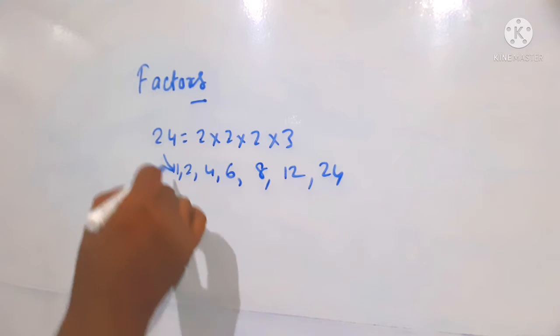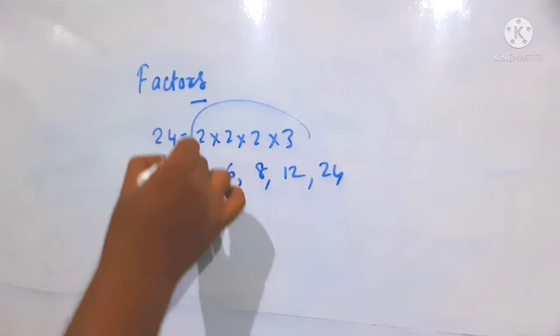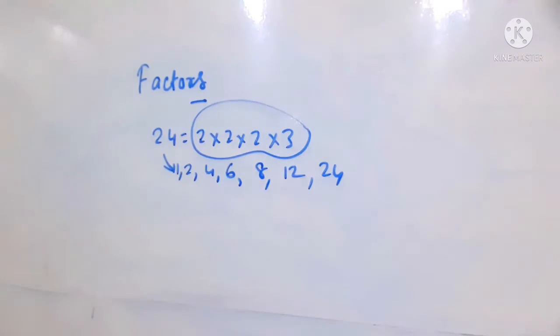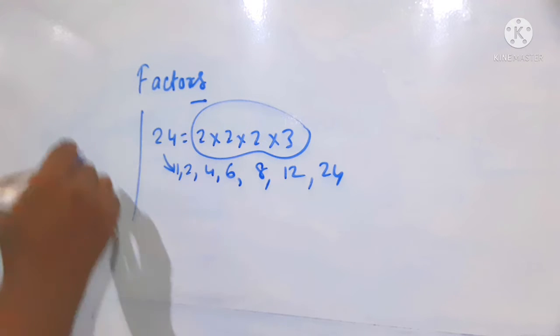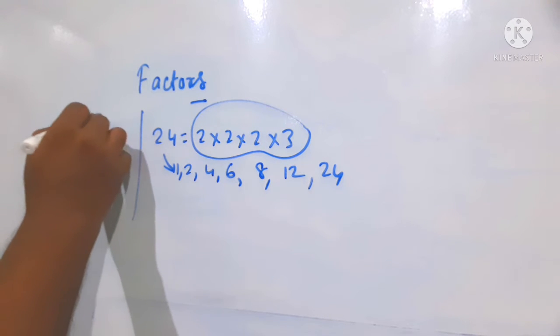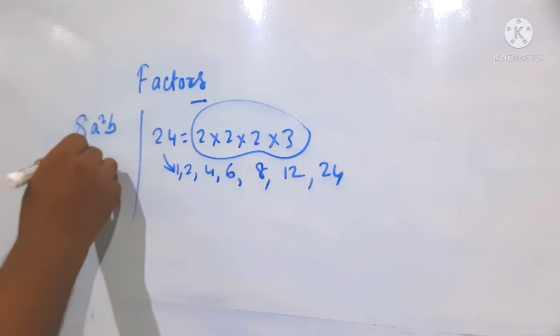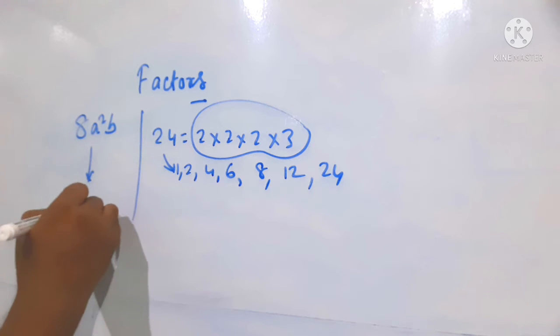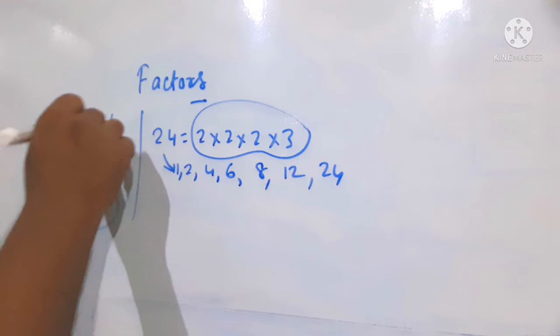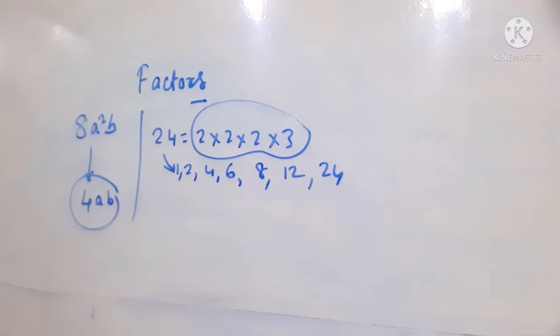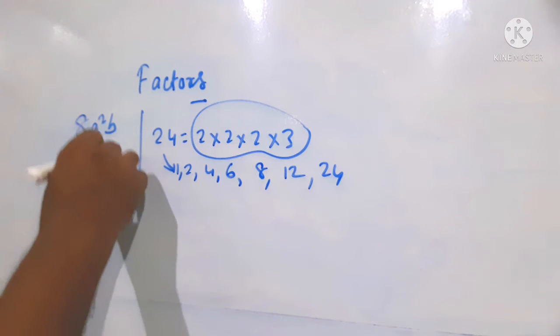So easily we can find the factors with the help of this explanation. So if it is asked, this is the expression 8a square b, and it is asked whether 4ab is a factor of it, then you can easily say yes, this is a factor of this. How?